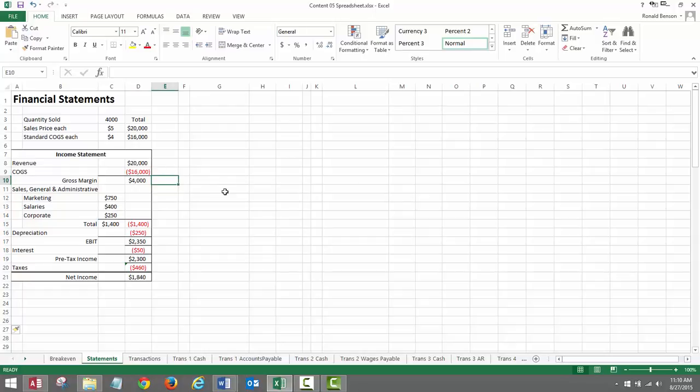Next, we take out fixed costs. Fixed costs are things such as marketing, salaries, corporate expenses. These do not change whenever the quantity changes. If you had really tough times and the quantity sold went down to 2,000, yes, there may be some layoffs and so forth, downsizing that would reduce these, but the number you have here isn't determined by multiplying times the quantity sold.